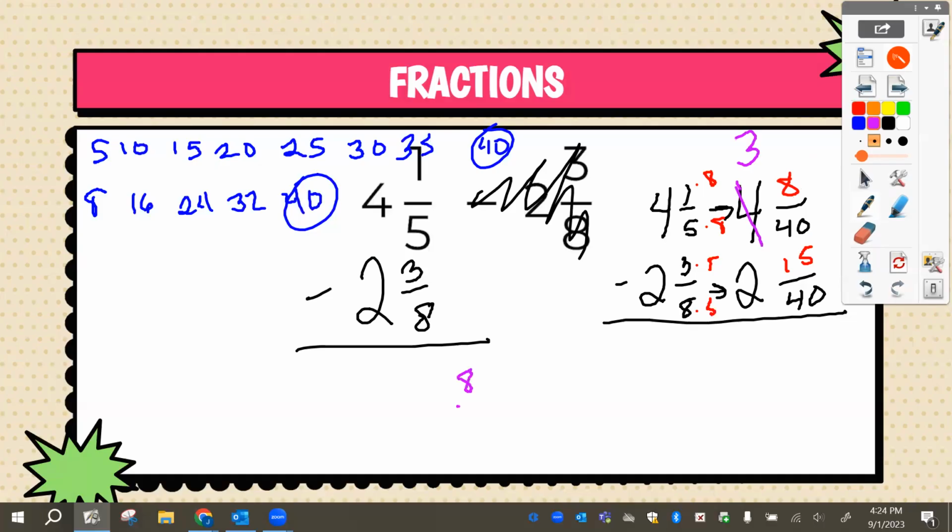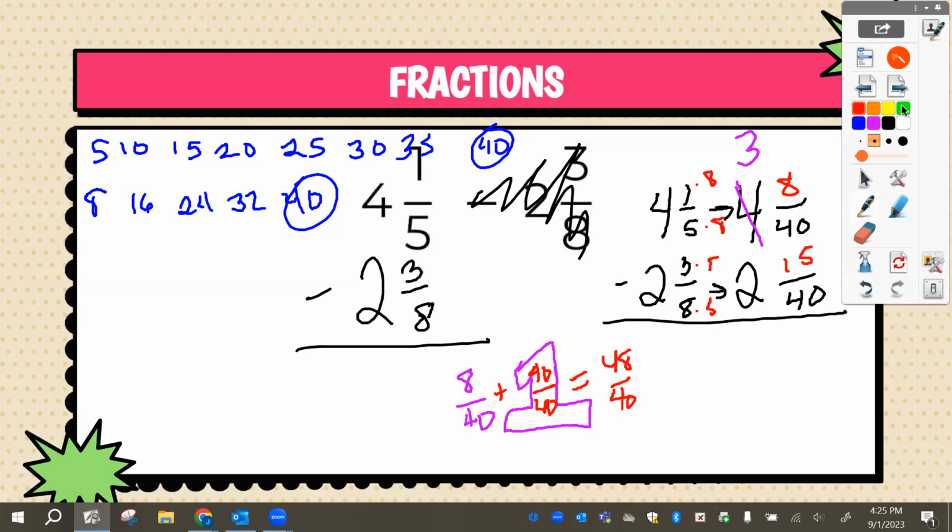Now, I had 8/40ths. I borrowed 1 whole, which I can rewrite as 40/40ths. So if I already had 8, really that just means I have 48/40ths.